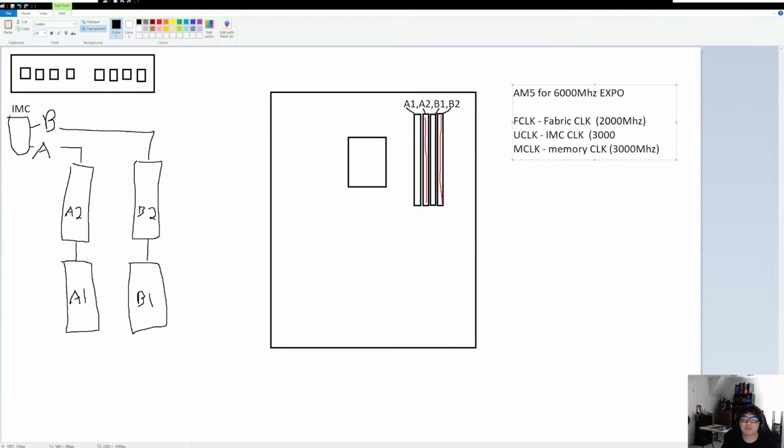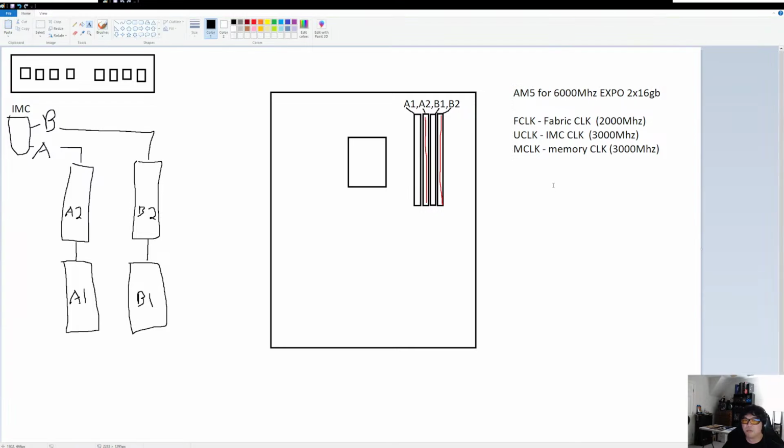So this one would also be 3000 megahertz for this scenario. We're using an example of 6000 megahertz EXPO memory, and typically this is going to be 2x16 gigabyte. So this is a 32 gigabyte configuration on 2 DIMMs, and you plug those into A2 and B2 on the board. So that's one example.